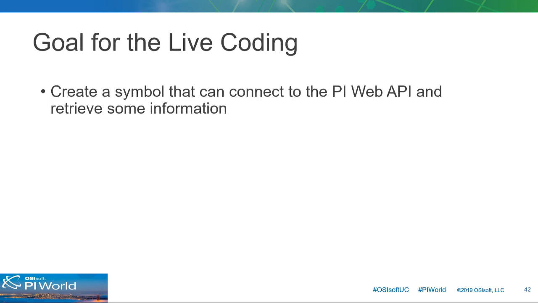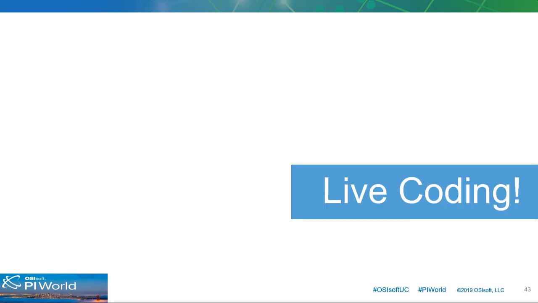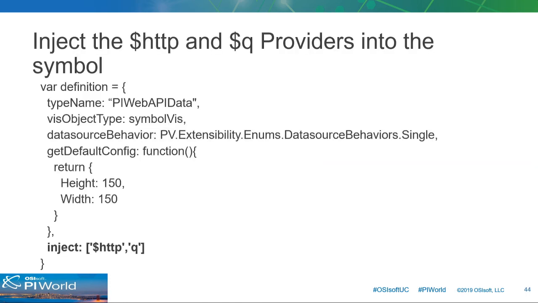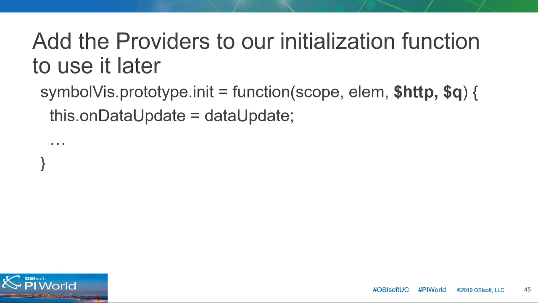So originally I was going to have some live coding for this as well. But again, I found myself consistently running over in practice, and now I wish I had. Insofar as using them, like I said, you can inject them as part of the symbol definition, add them to asynchronous functions, add them to your initialization function, then use that as part of that function itself.